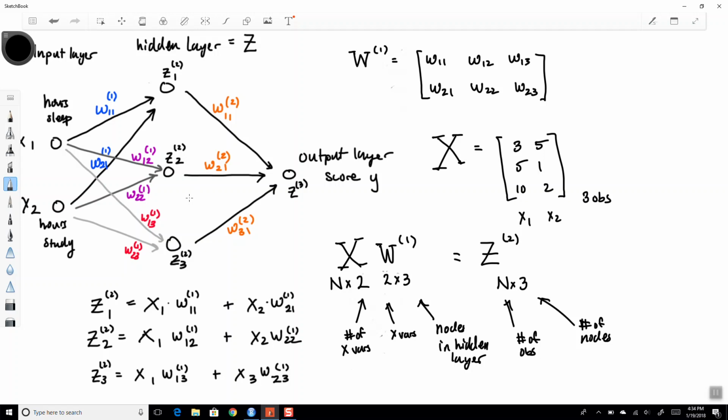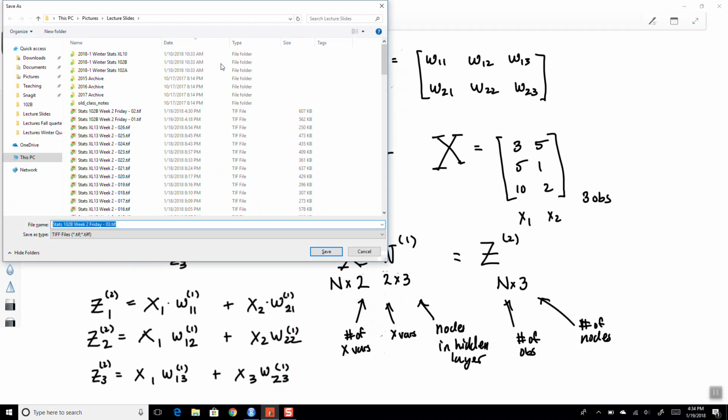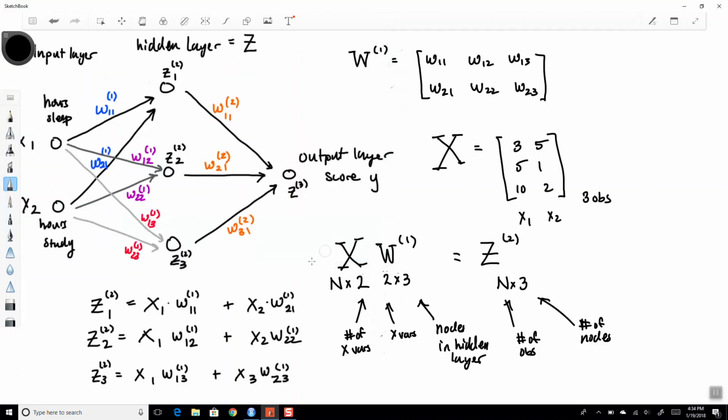If you want 100 or 10, whatever, it's arbitrary. We don't have good reasoning for how many nodes to select. So here in our case, Z will be 3 by 3. Is that okay?